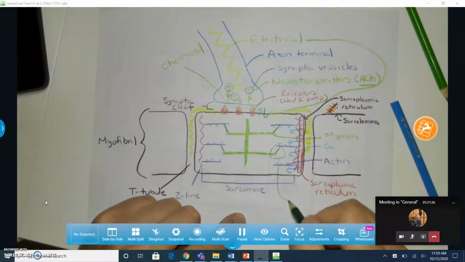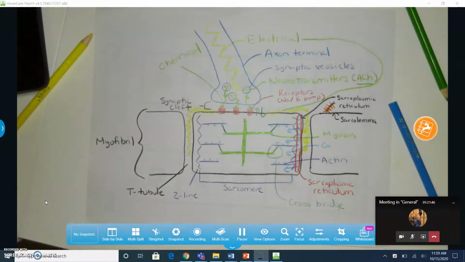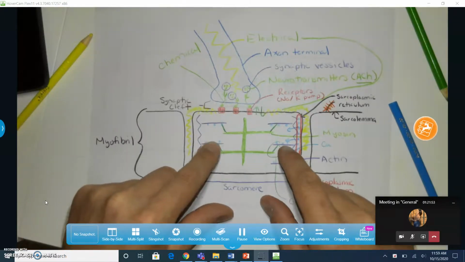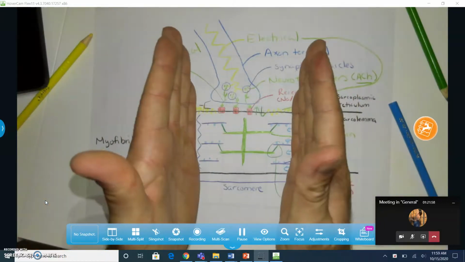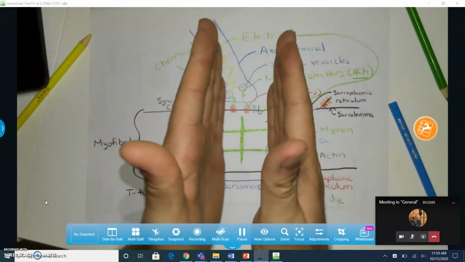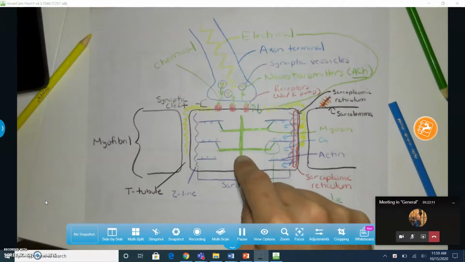So now we have our cross bridge formed. And once we have that cross bridge formed, we start to have that ratcheting effect we talked about previously, where this will pull like a rowboat, release, bind again, pull, release, bind again, pull, causing our Z lines to move closer and closer together, causing that contraction to occur. So that is how this sarcomere contracts.